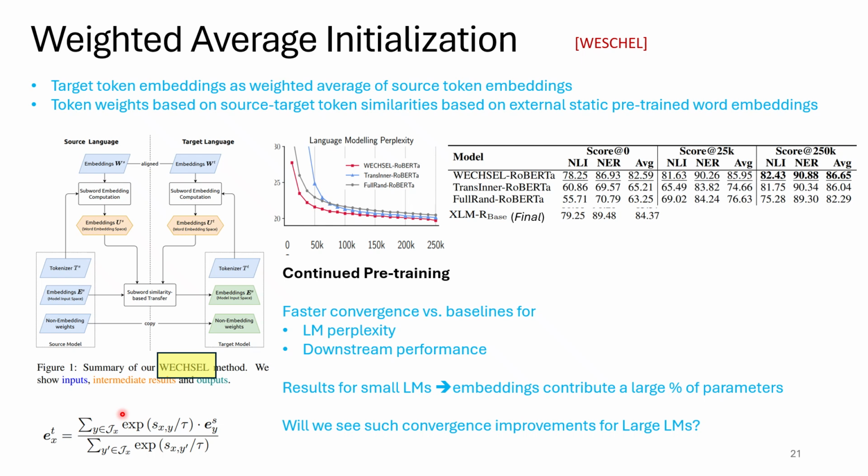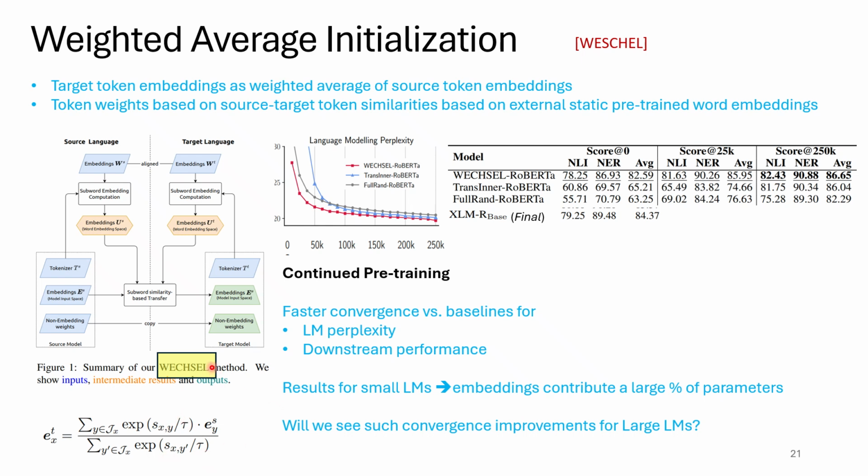And one way to look at it is if you had static token embeddings for these old and new embedding spaces in the same space, then you could just compute cosine similarity between the token embeddings. And so there is a lot of older work on aligning word embedding spaces using libraries like MUSE, and you could get these similarities between tokens in the same aligned space.